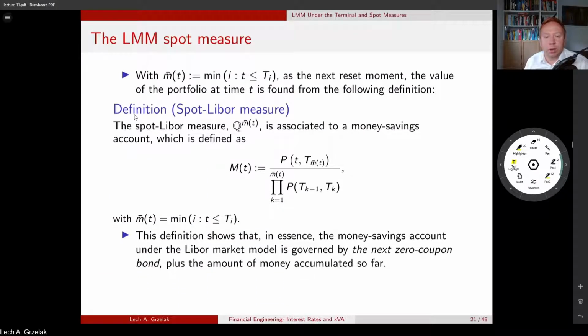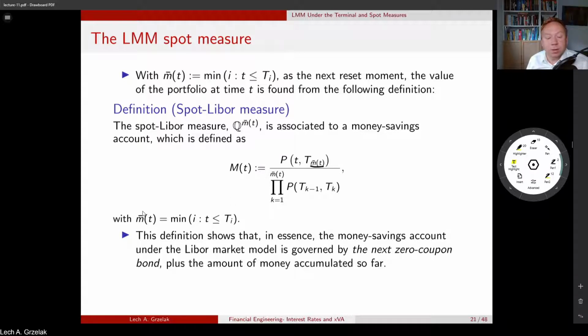And this is our definition of a spot Libor measure. The spot Libor measure will be associated with this quantity. Here the notation is slightly different. We have to make sure of how to link t to the next bond, and this is defined here. m(t) is defined as the minimum i such that t_i is bigger than t.